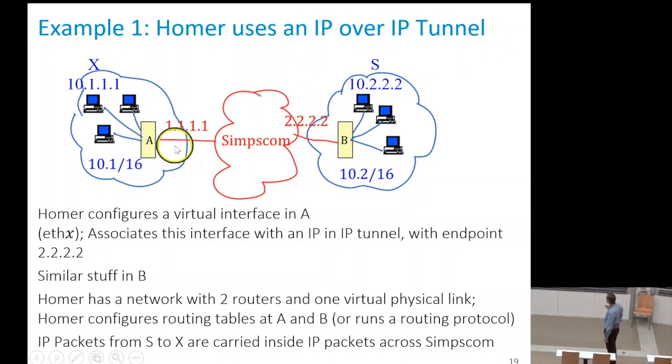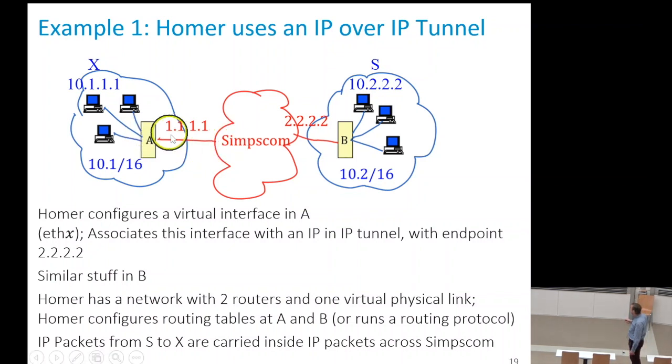So you buy special software in your routers, A and B, called tunnel software, that has the effect of opening a virtual interface. So here you have a physical interface, which is your Ethernet or ADSL connection to your provider.